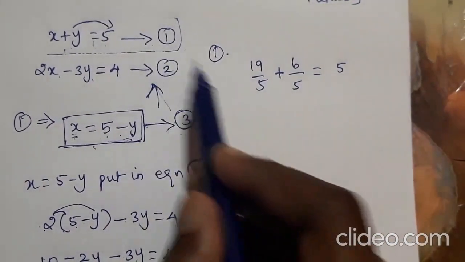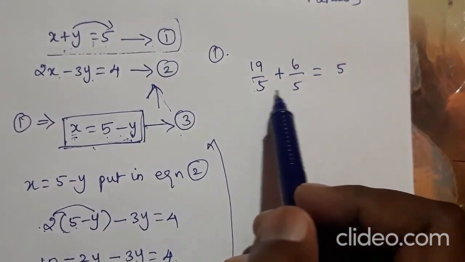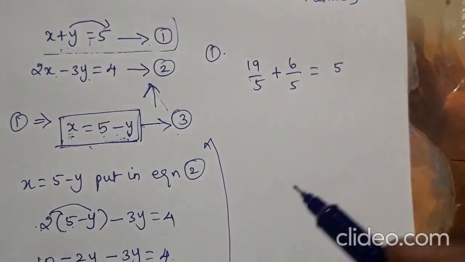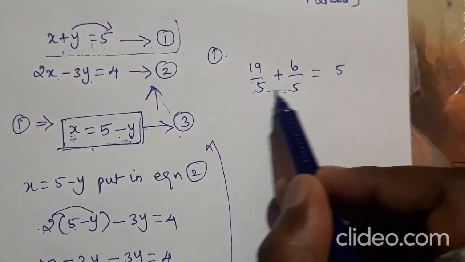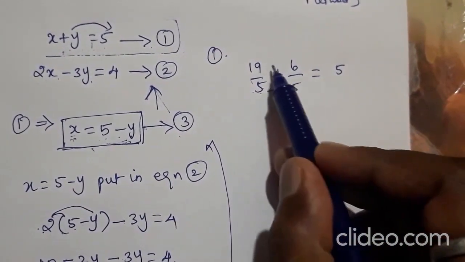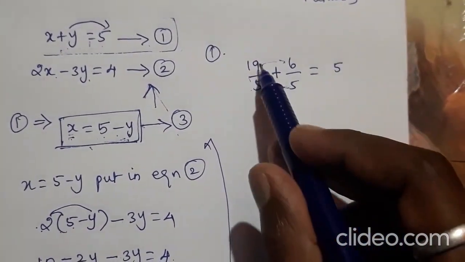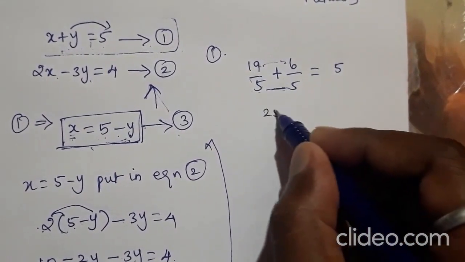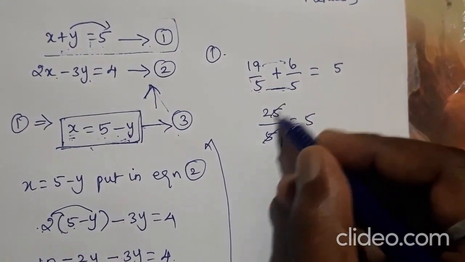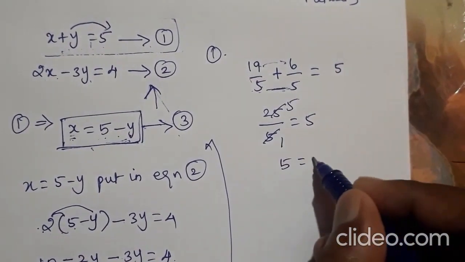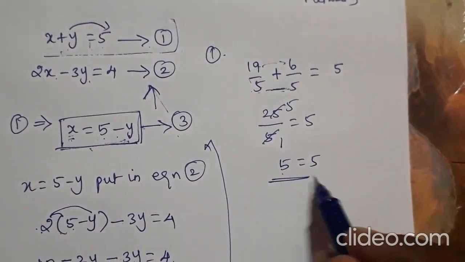So this is the first equation. I am just substituting the values to check whether our answer is correct or wrong. The denominator is the same, so just add the numerators. 19 plus 6, 25, divided by 5 is equal to 5. 5 ones are 5, 5 5s are 25. So both sides are equal.